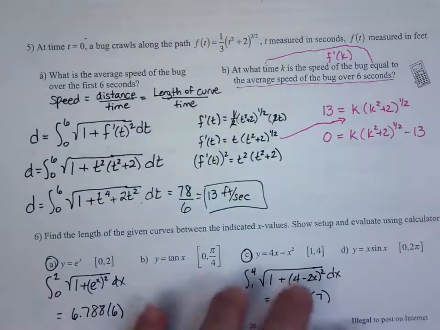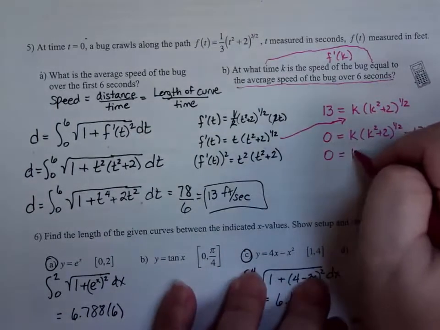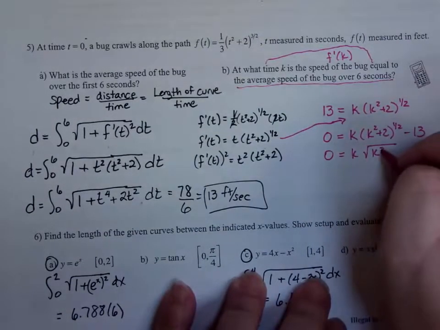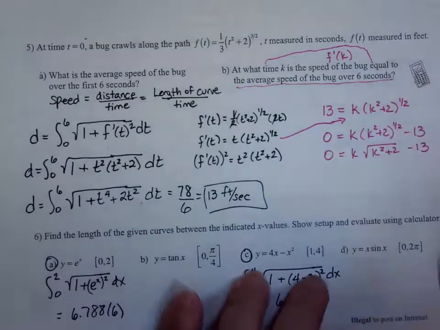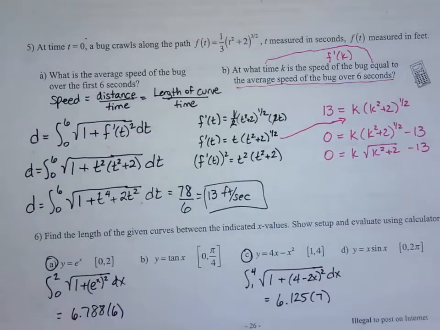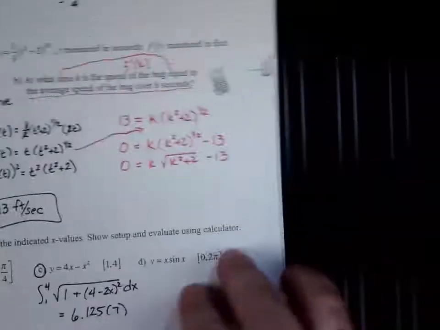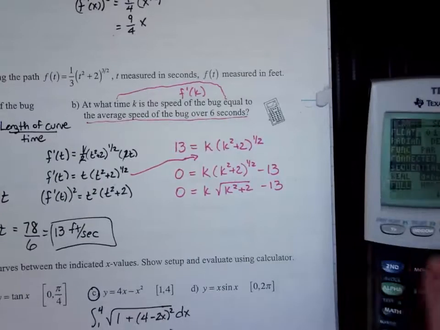Now, I'm going to write it a different way, just for those of you who would prefer to put it in the calculator like this. I don't particularly care for fractional exponents. I'd rather write it as a radical. Okay, so now we're going to take the calculator and we're going to type this into y equals and find the answer. So I need to scoot this over so I have room for my calculator.